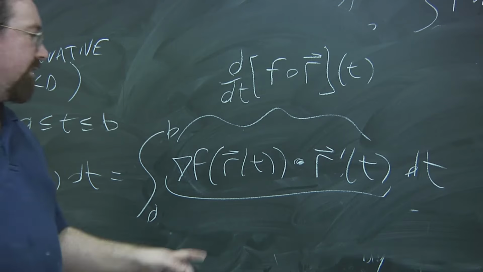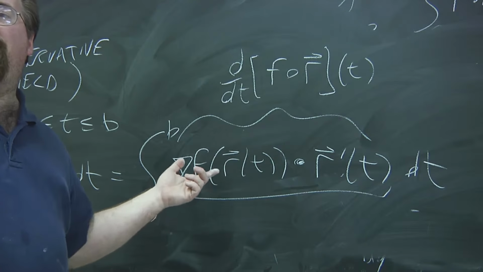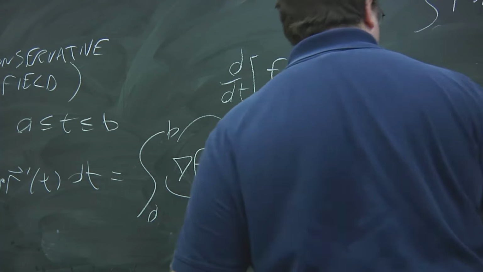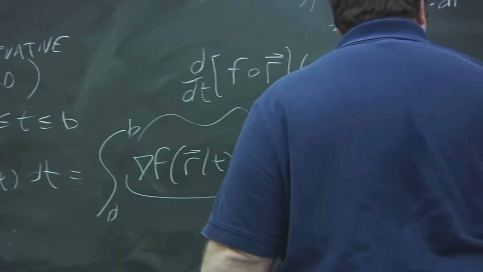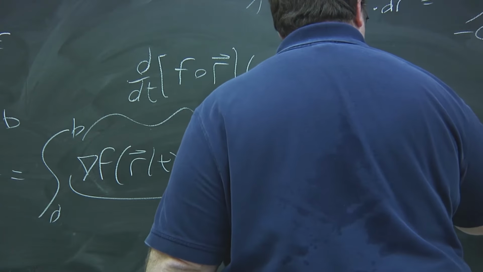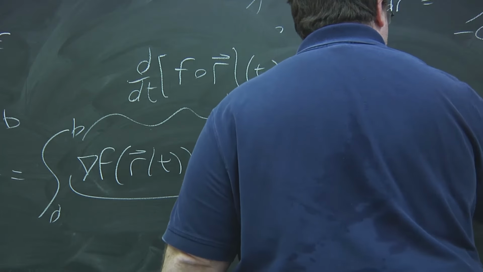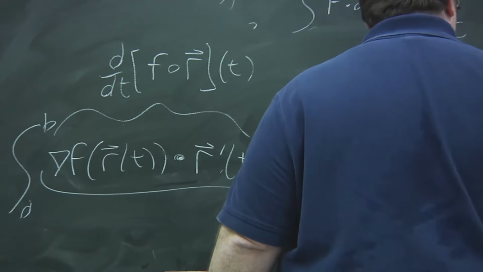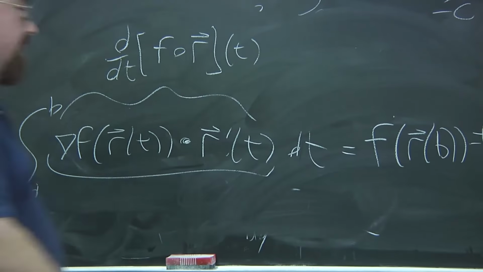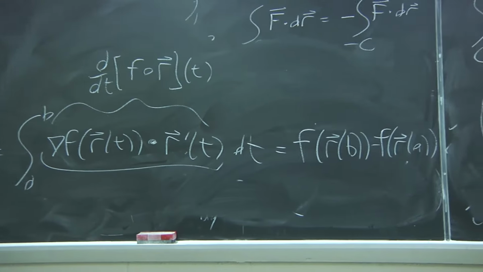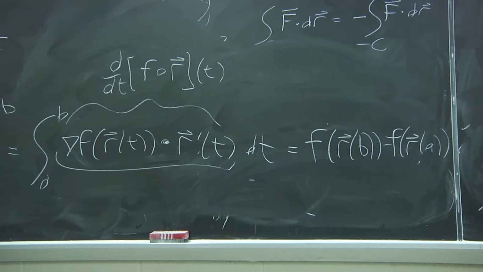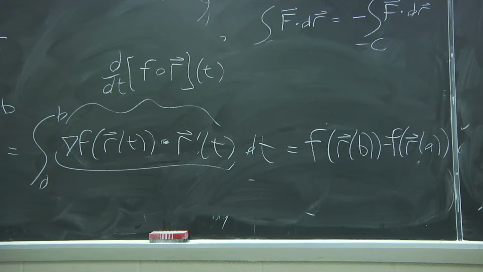So what that means is we can just anti-differentiate this and get little f of r of b minus little f of r of a. So when we know that our vector field comes from this, if we can identify what this little f is, then this line integral of this vector field is very easy to evaluate.